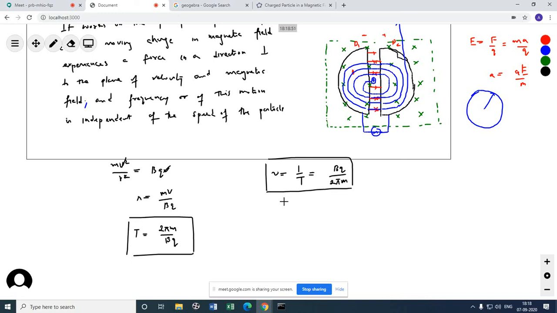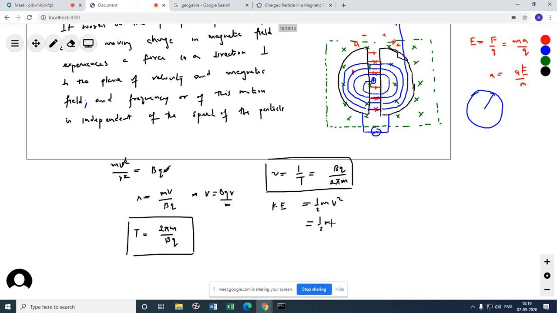Okay, what is the kinetic energy? This also we have done. So the maximum kinetic energy will be what? We can easily find out the velocity from this expression. V is equal to bqr by m. So the kinetic energy would be half mv square, right?